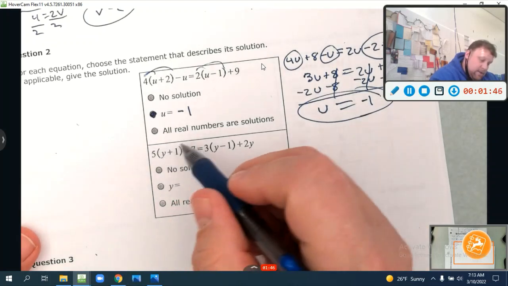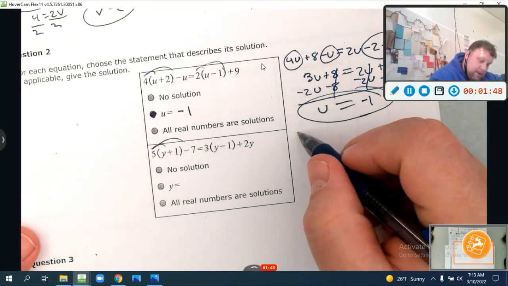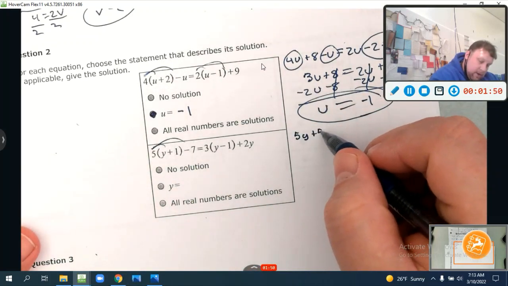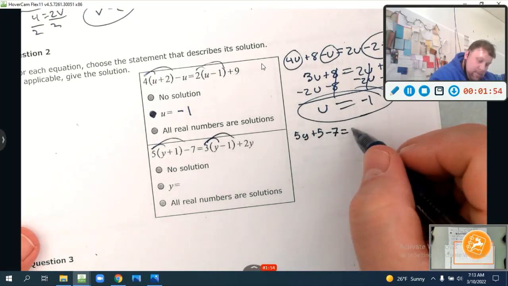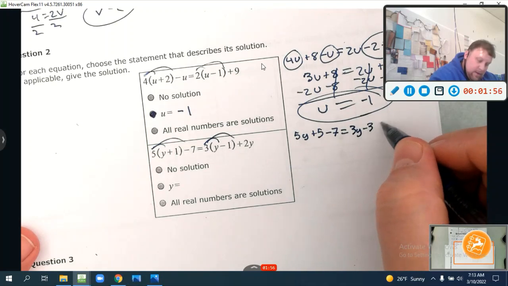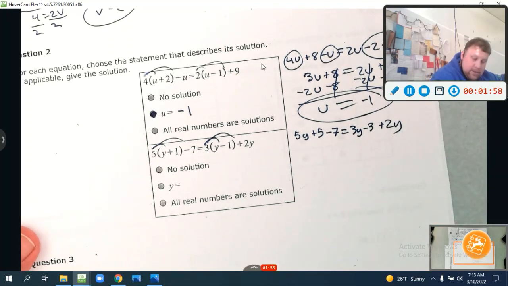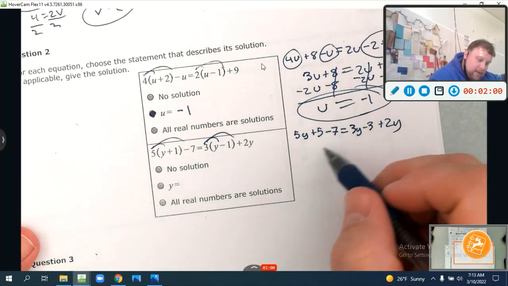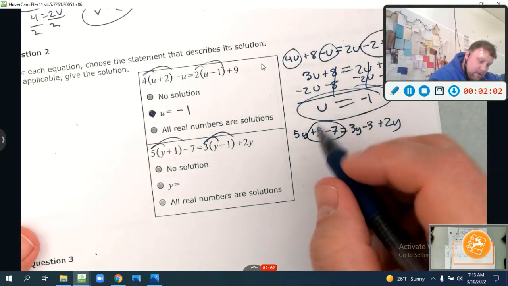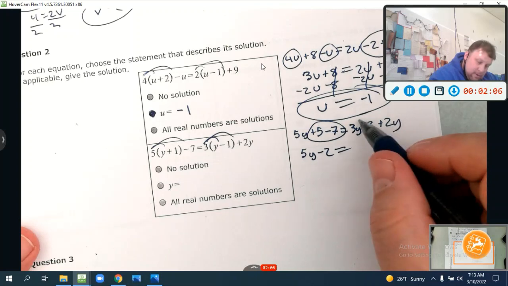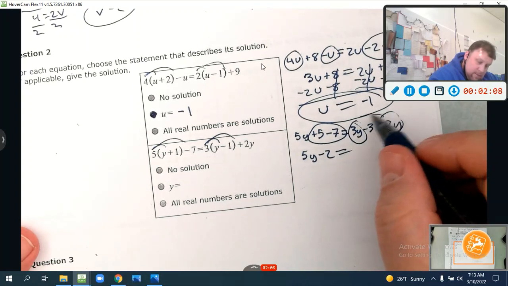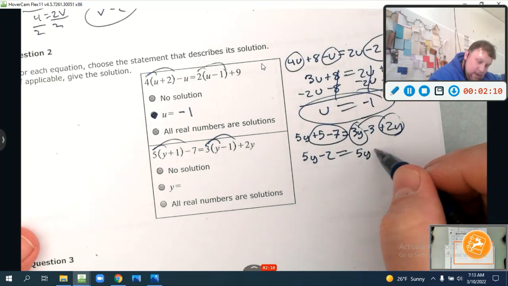Same thing here. Let's distribute it out. I have 5y plus 5 minus 7 equals 3y minus 3 plus 2y. Oh, I see where this is going. Combine like terms. I have 5y minus 2 equals, combine those, 5y minus 3.